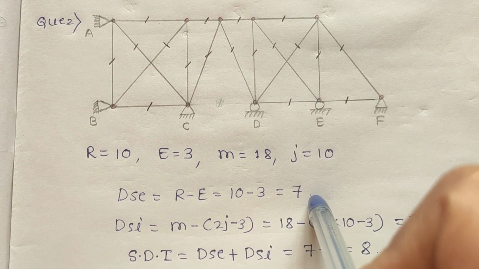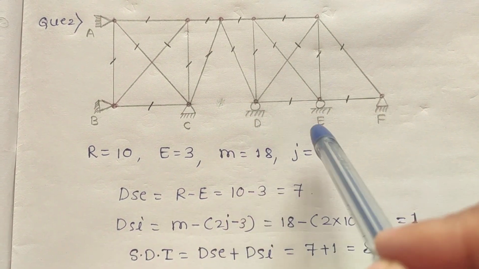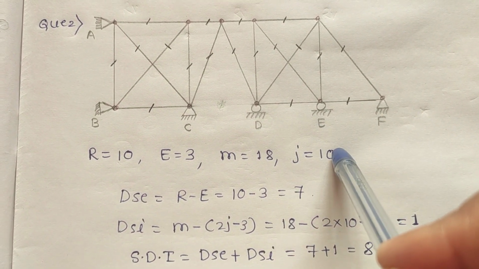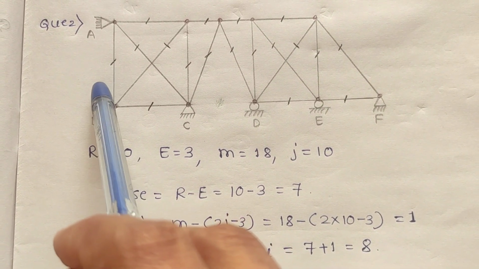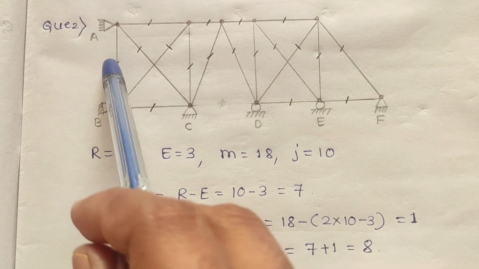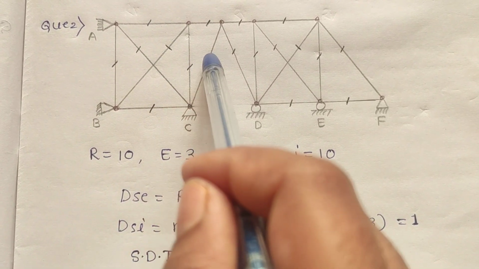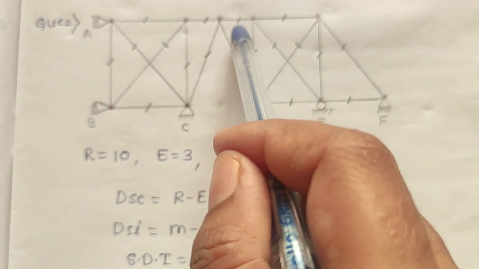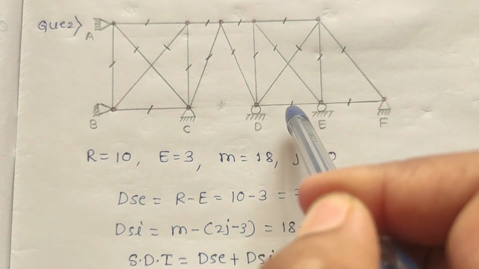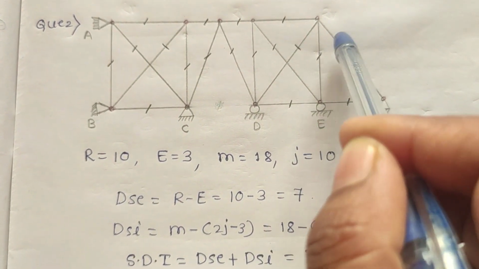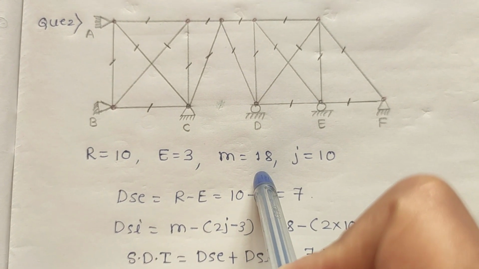Then for calculating the internal indeterminacy, count the number of members and the number of joints. First, count the number of members: 1, 2, 3, 4, 5, 6, 7, 8, 9, 10, 11, 12, 13, 14, 15, 16, 17 and 18. The number of members is 18.